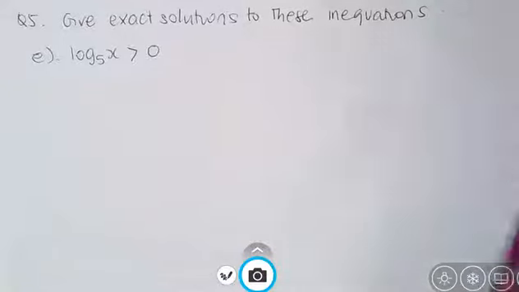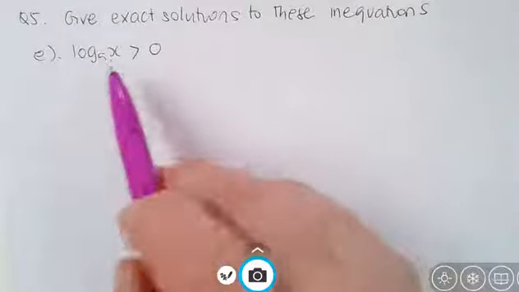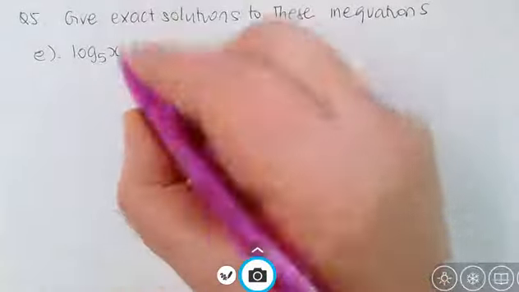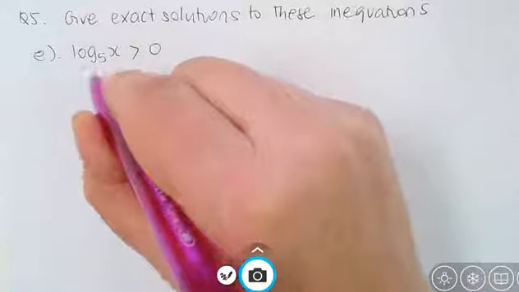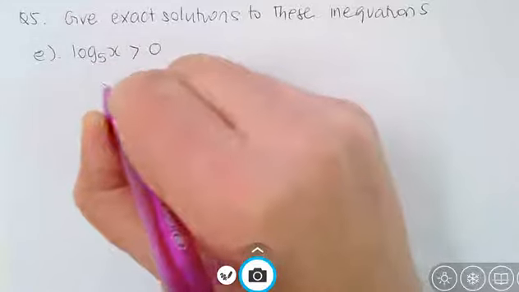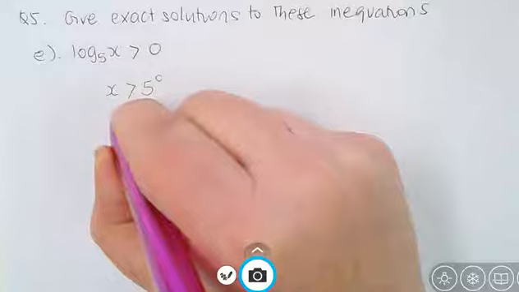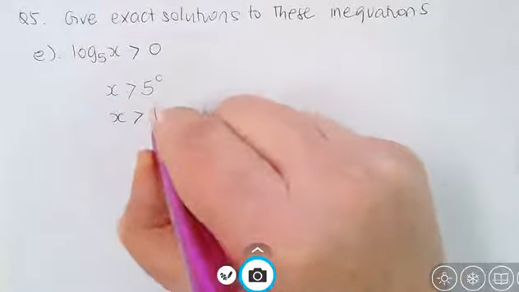Question 5, just looking at question 5. An inequality with a log. So remember, 5 is the base. So we're trying to work out what x is. So x will be greater than 5 to the power of 0. So x is greater than 1.